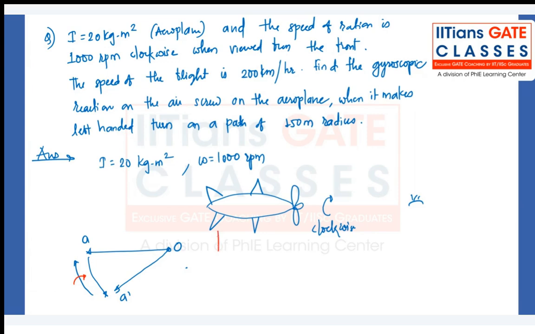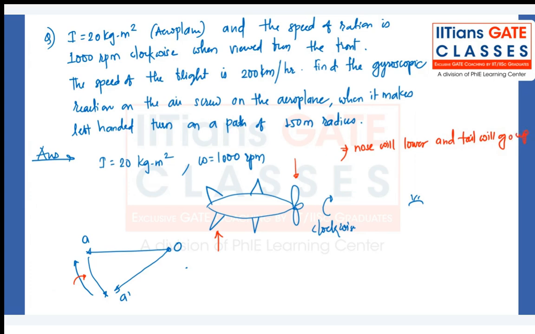So first of all, the front part will go down and the rear part will go up. So the gyroscopic effect is the nose will lower and the tail will go up.